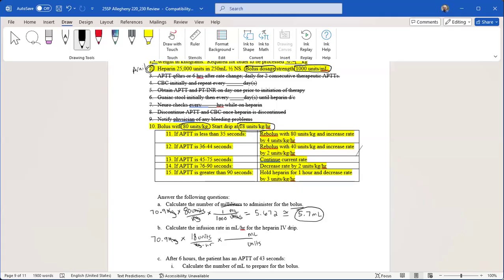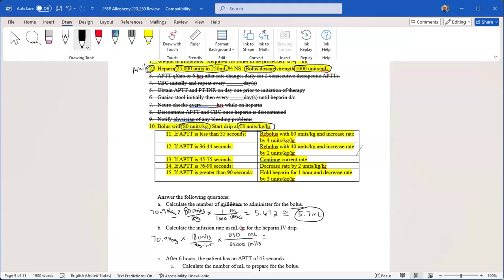I already used the bolus dose strength, and we're not calculating bolus, so don't use this. Use the 25,000 and 250 ml. It's a different relationship. I think I scrolled down, so hopefully you see that now. Here's my 250 ml. Here's my 25,000 units. And then I'm just going to plug that into my calculator.